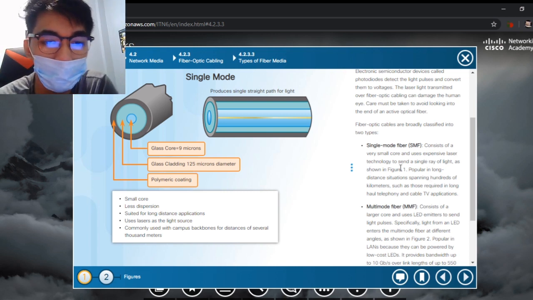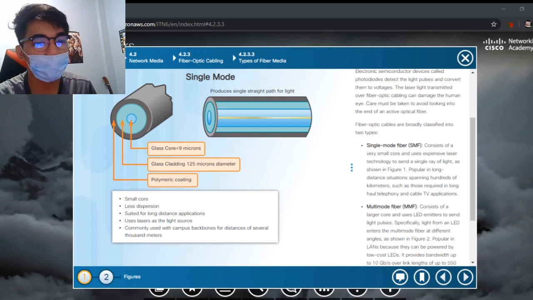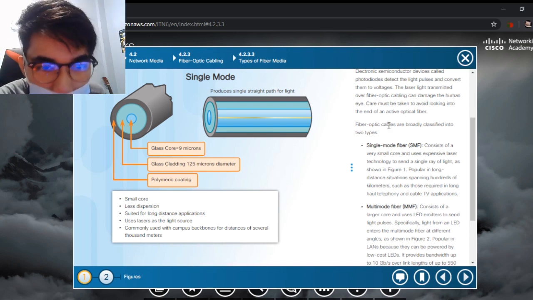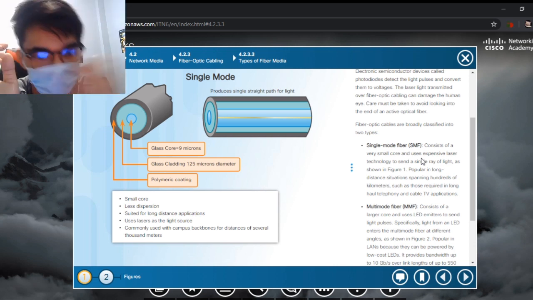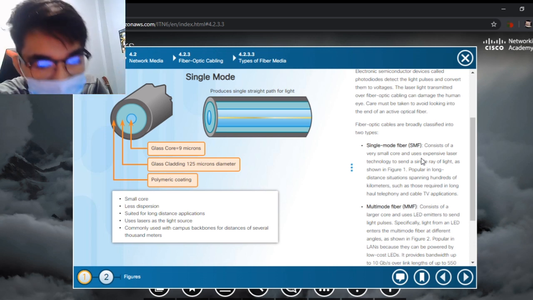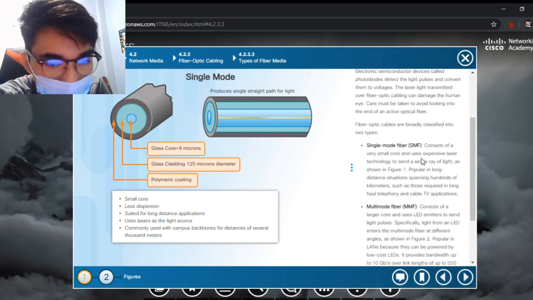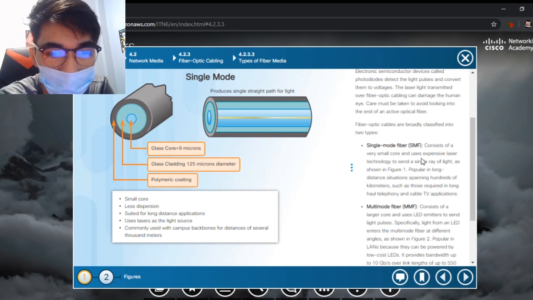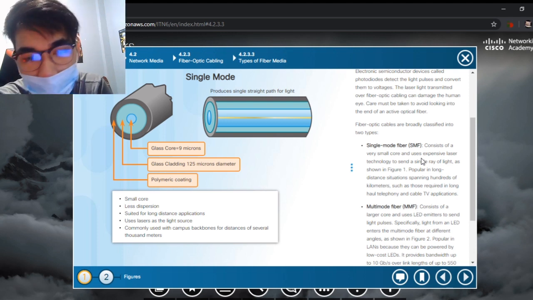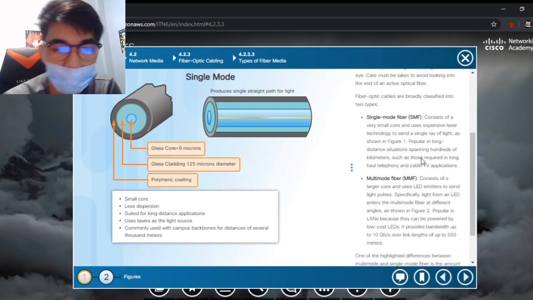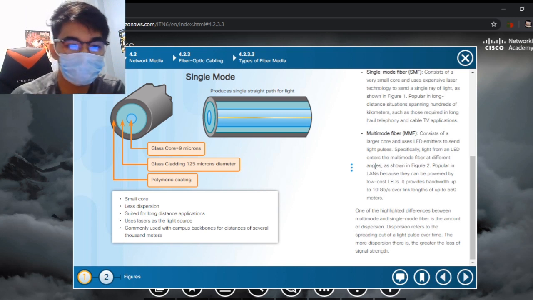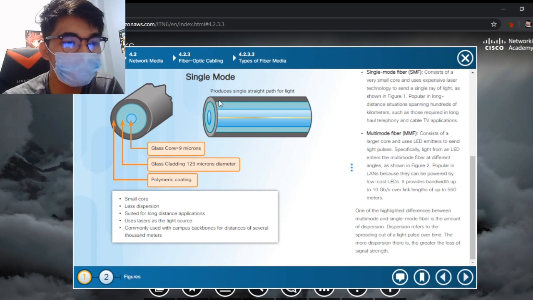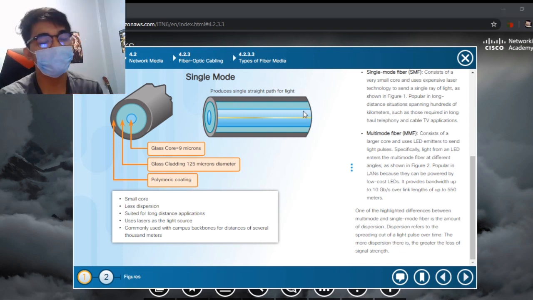It is popular in long distance situations, spanning hundreds of kilometers, such as those required in long haul telephony and other stuff. Then the multimode consists of a larger core and uses LED emitters to send light pulses, specifically light from an LED that enters the multimode fiber at different angles. As you can see here, this is the single mode, which produces a single straight path for light.